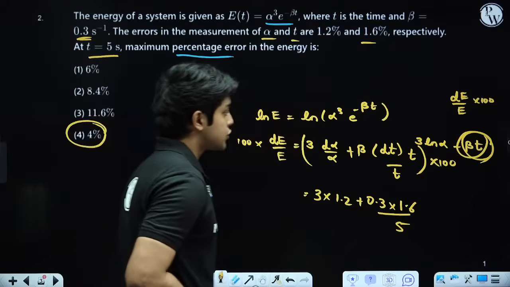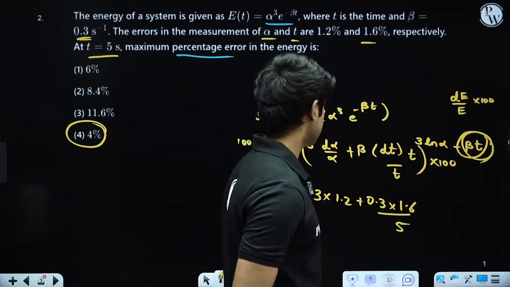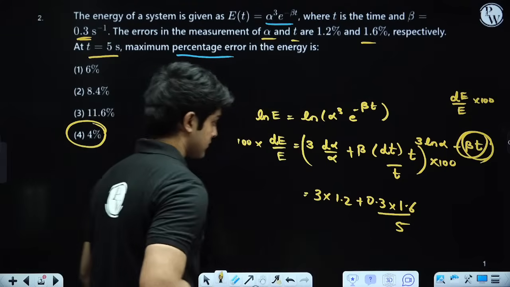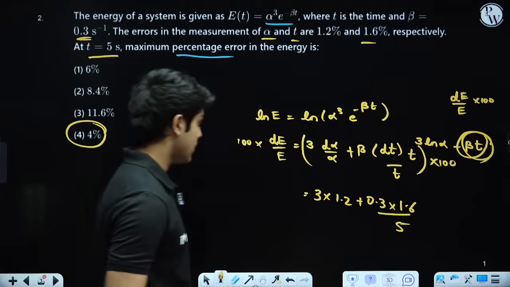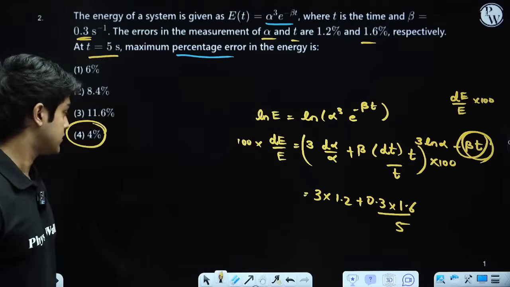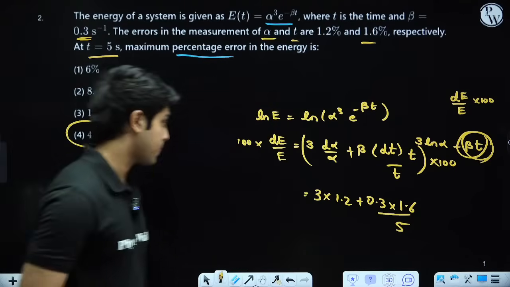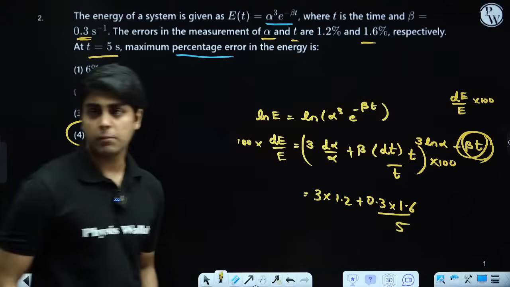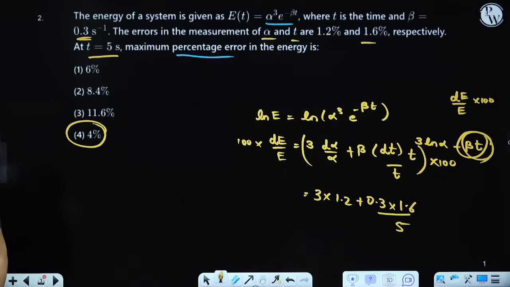So now it should be correct. Yeah, we'll come back to this question a bit later. T se multiply divide, yeah.